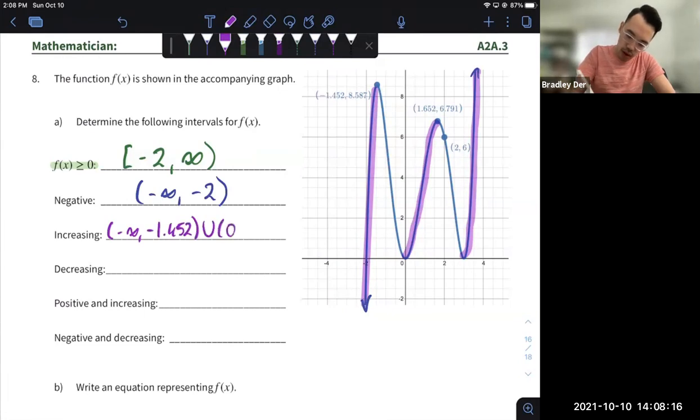We pick up at 0 and then go to 1.652 union 3 to infinity. Right, remember, we are using the x values to write our intervals. The y values help us figure out if we have met the condition, but we are using the x values to write the interval itself.